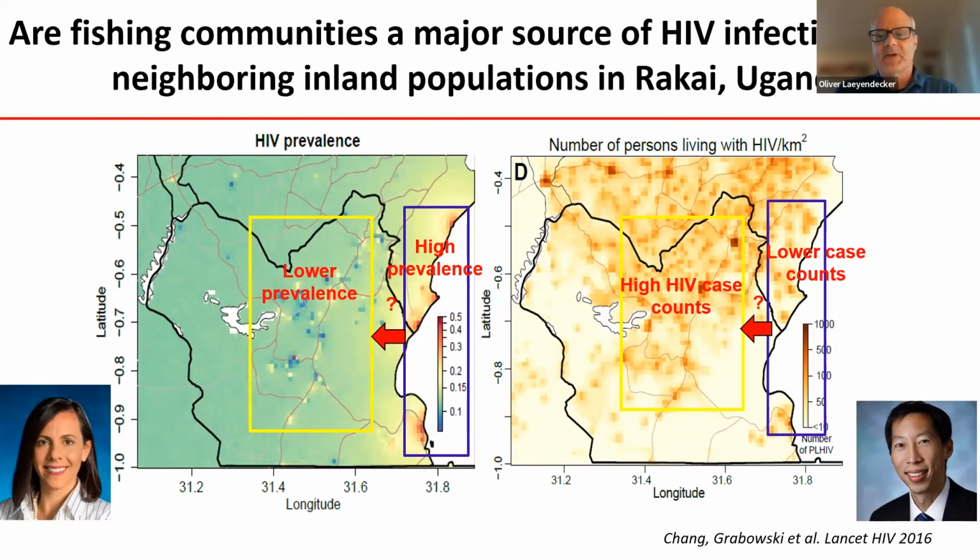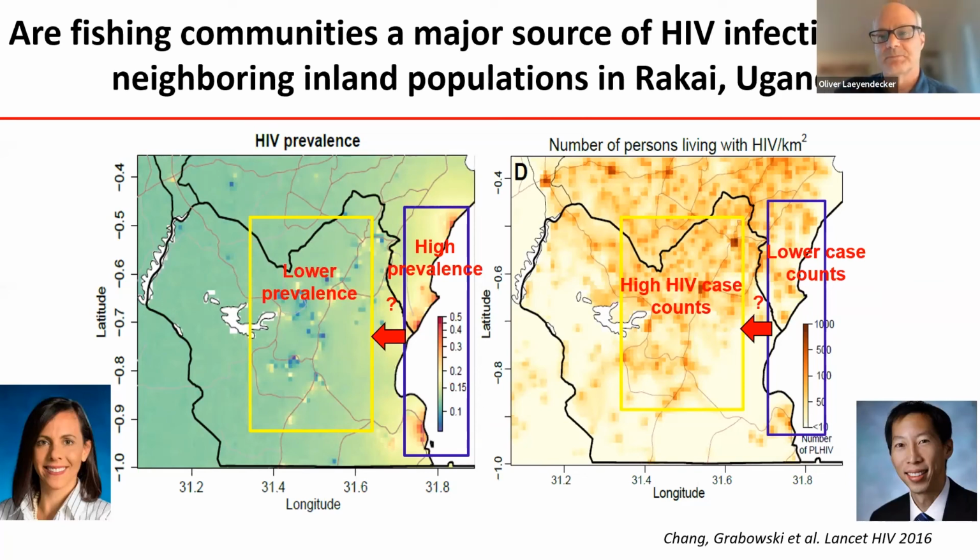So this was work done by Larry Chang and Kate Grabowski. And you have, again, here's the Rakai region, and you're using data from the cohort, and you've got areas along the coast of Lake Victoria, which are of high prevalence. And are those areas of high prevalence seeding the infections in the low prevalence area?